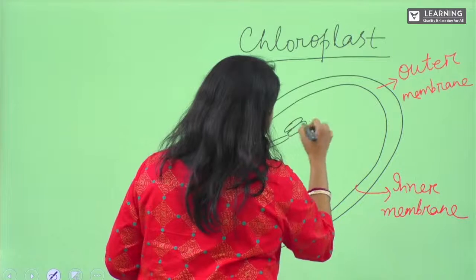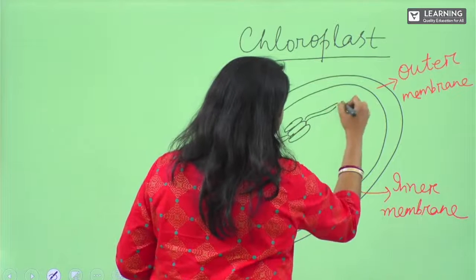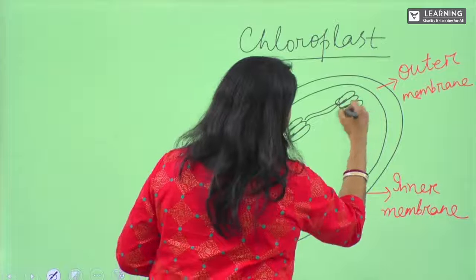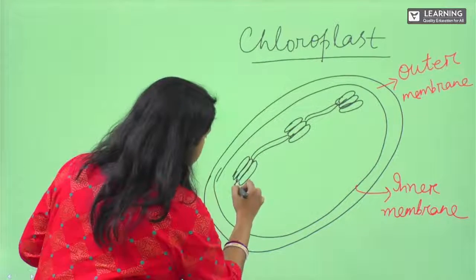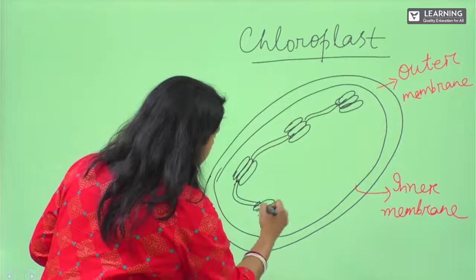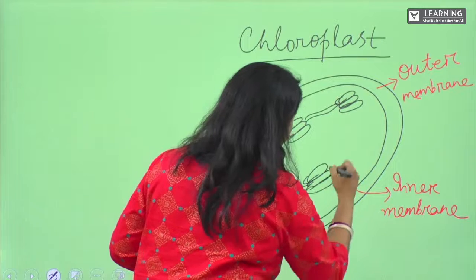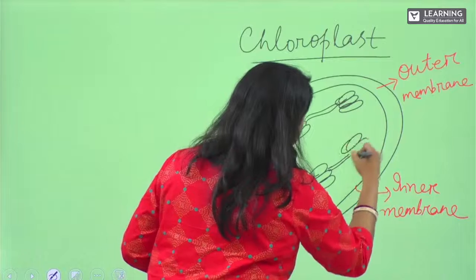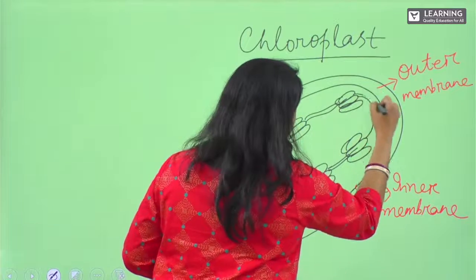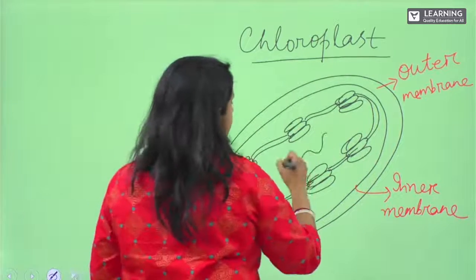So see, this is the grana. This is joined with the help of lamella. So it is like this. These are your thylakoids which are present in the inner membrane. Here there is a DNA.